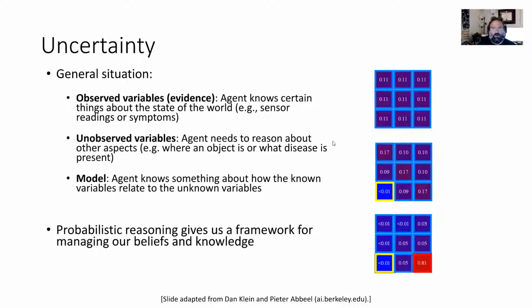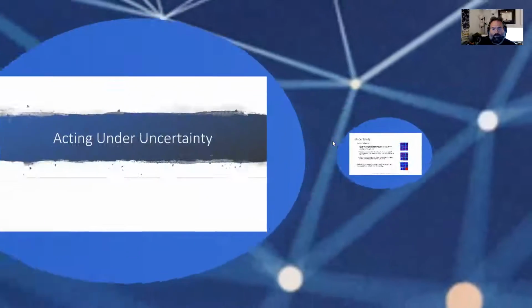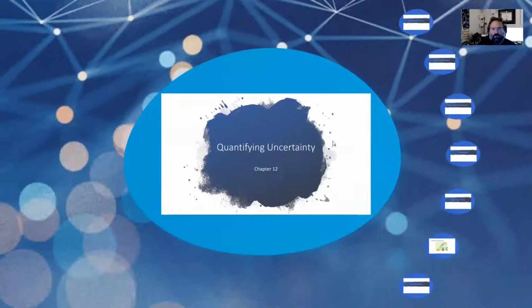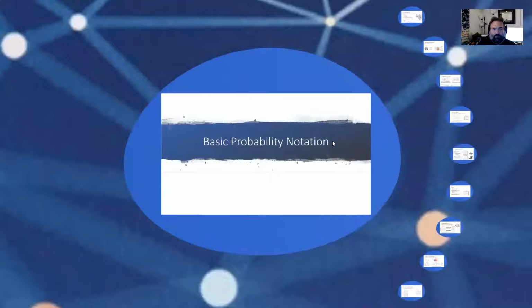So it's a way of figuring out an unknown variable given a set of known variables. And probabilistic reasoning gives us a framework for managing our beliefs and knowledge. It's a way that we can combine these things together and essentially derive information from things which we maybe cannot see, but based upon things we can.